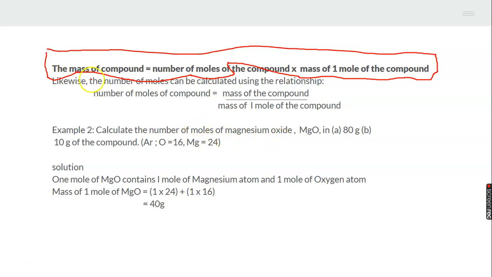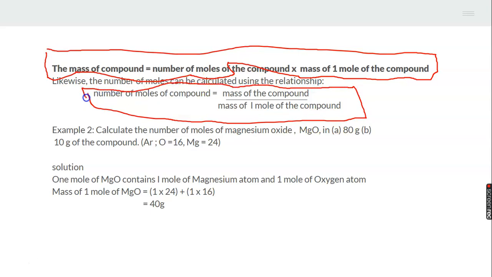There's one here, there's another one here. This is for when you want to calculate the number of moles of that compound. But if you want to calculate the mass of that compound, you use this formula.